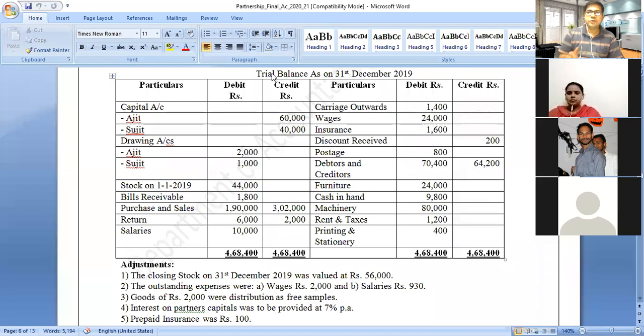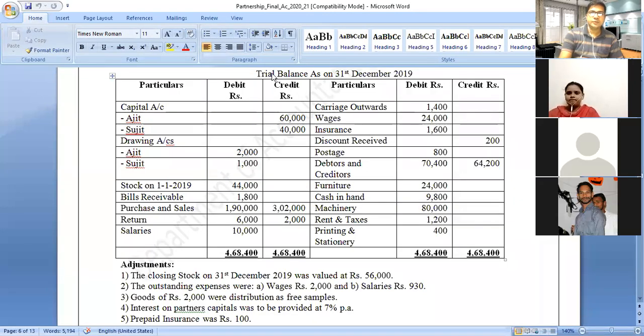See that if you are not sure, don't give answers. Always trading account credit side and profit and loss account debit side. Yes, Rushal is right. Absolutely right.